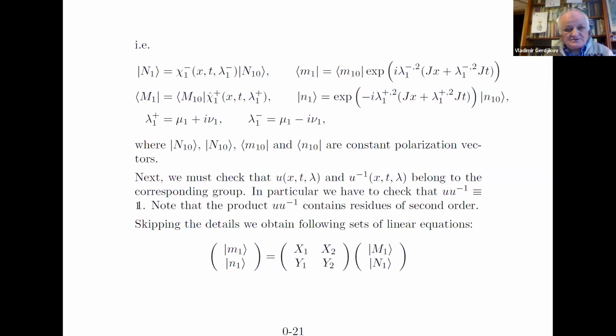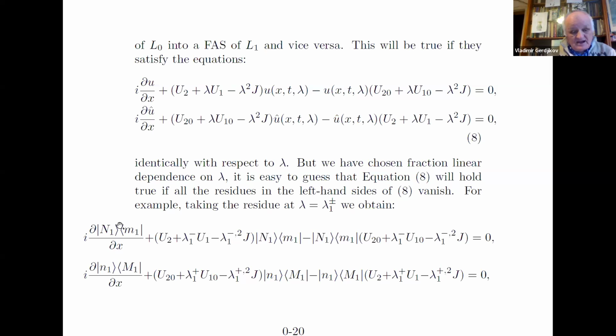How to solve them? You see, when we take the derivative of the first term, we differentiate first capital N1, and then it is multiplied by small m1 on the right. Then we have these terms. We get the x derivative of capital N1 plus u2 minus lambda 1 minus u1 minus lambda 1 minus squared j over n1 again.